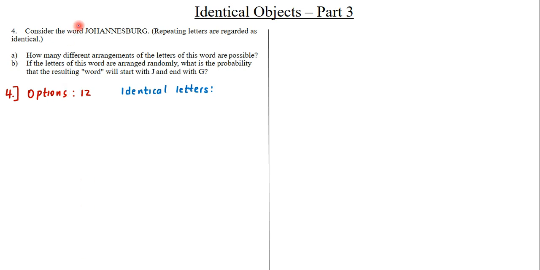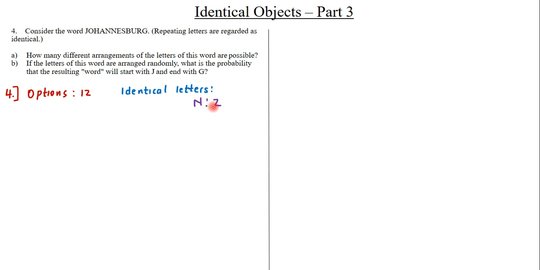Firstly, I'll start with J. There's only one J, one O, one H, one A. When I'm looking at N, I see there are two N's, so the first identical letter is N, and there are two of them. There is no E, no S, no B, no U, no R, no G. This is the only identical letter that we have here.